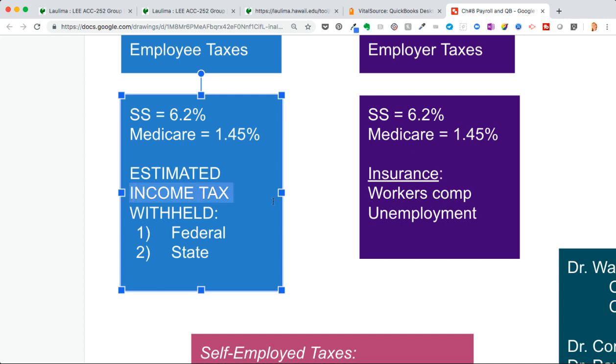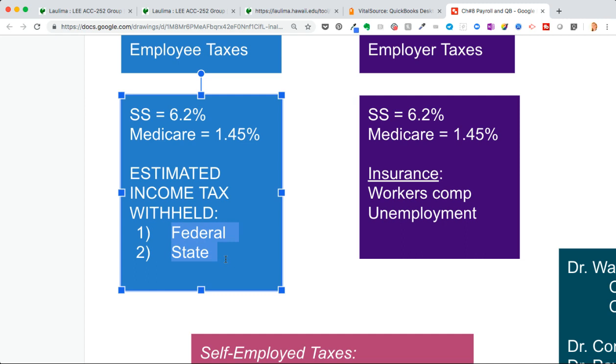Then there are two other main amounts that come out of the amount that the employee is paid. These are both income taxes, but unlike Medicare and Social Security, these are estimated taxes. So when you do your taxes come April 15th, you figure out the amount of income tax that is due, and that's why you have a refund or an amount due, because the amounts withheld from your paycheck are just estimates. So there's federal income tax, and then in Hawaii and in many states, there's state income tax. These amounts are based on what are called withholding tables.